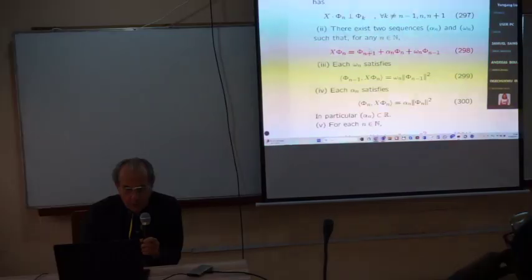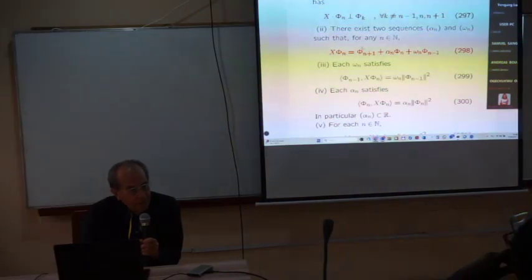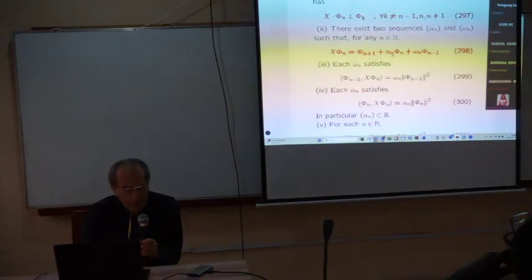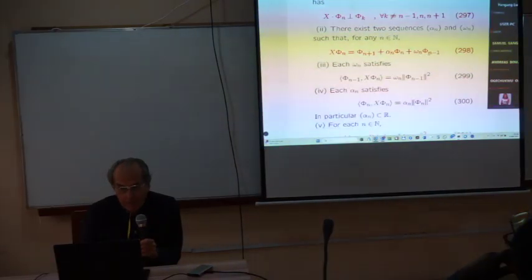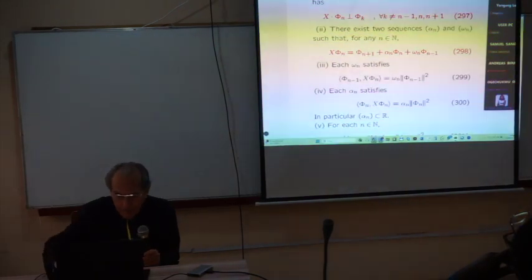So this justifies why phi n plus 1 has no coefficient. But phi n has a coefficient called alpha n, and phi n minus 1 has a coefficient called omega n.